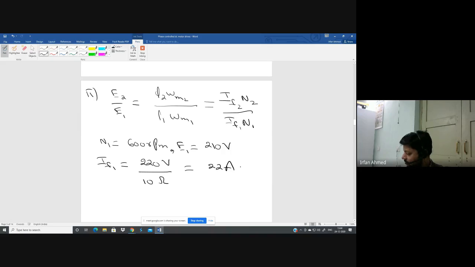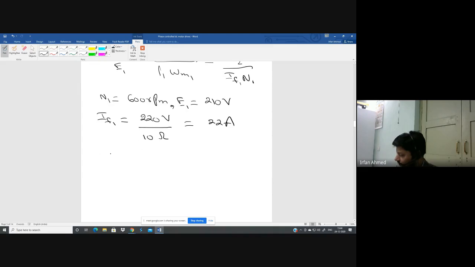Okay? So we know N1, we know IF1, we know E1, we know N2. N2 is how much? 750 RPM. Yes, N2 is 750 RPM, the speed at which you have to find the back EMF. Okay?